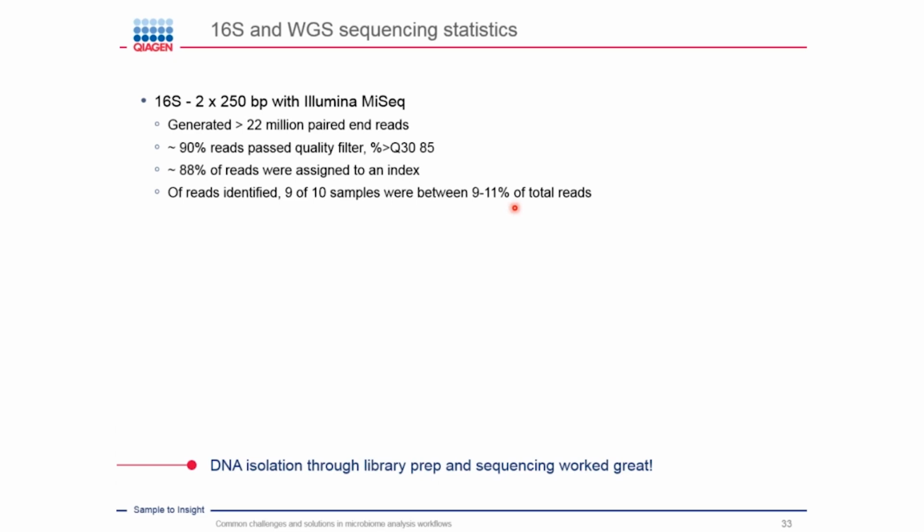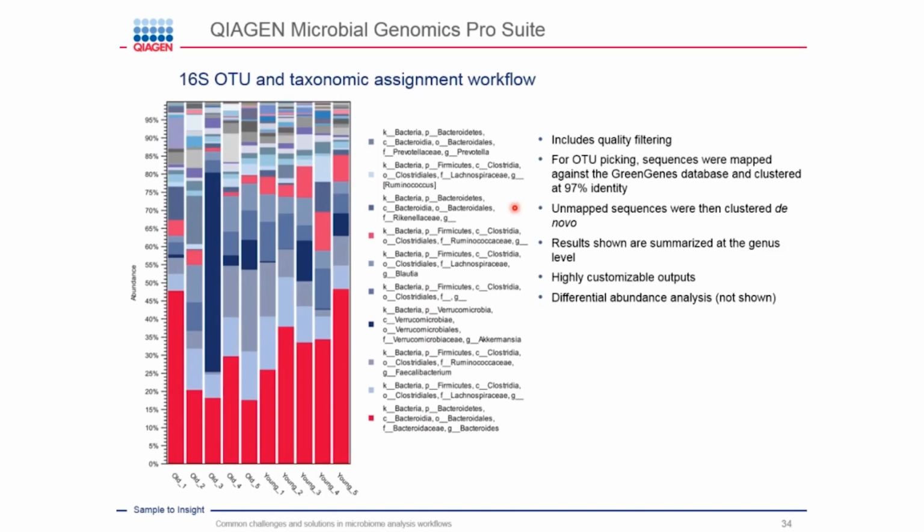So after running the data in the Microbial Genomics Pro Suite, this is the first plot we obtained. This is giving you the results at the genus level. And as already mentioned here, you can customize your outputs in the way you want them.